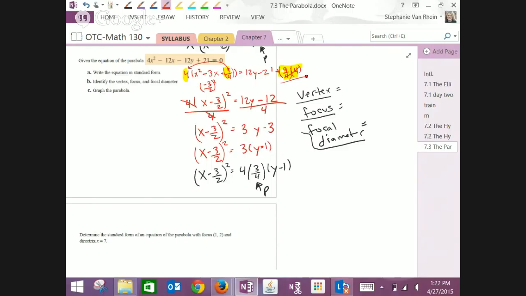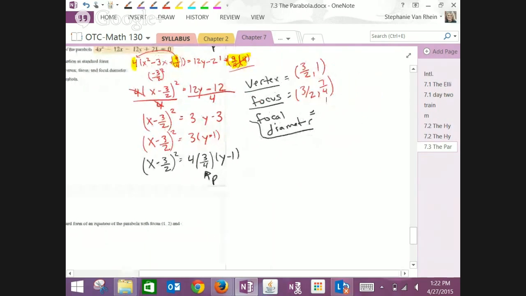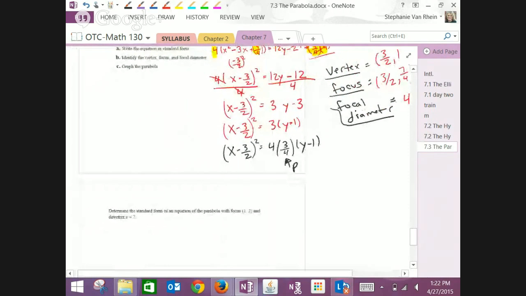The p tells you if you go up or down. Your focal diameter is always positive.